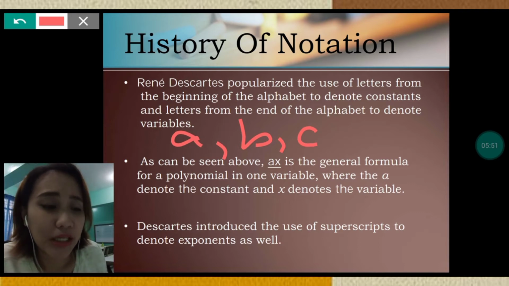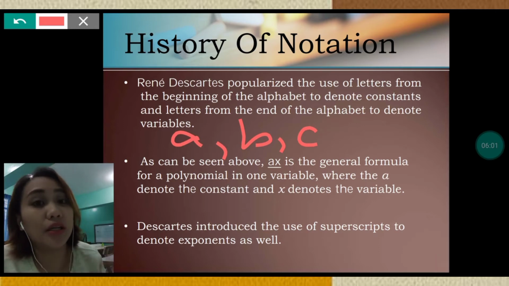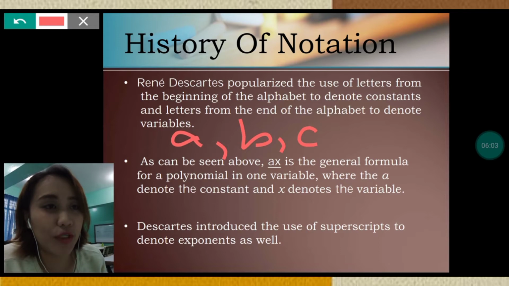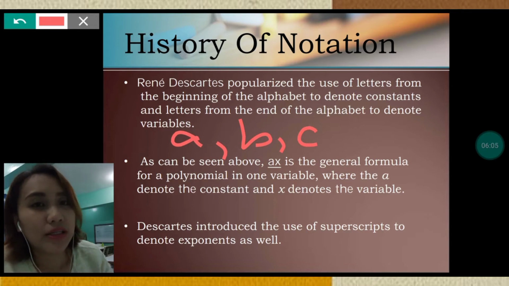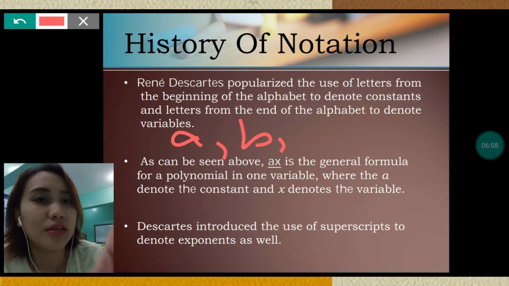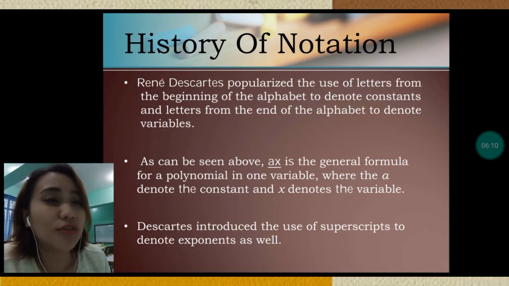If you take a look at expressions in mathematics, the letters A, B, and C are usually used as constants in lieu of numbers. And on the other hand, letters from the end of the alphabet denote variables.